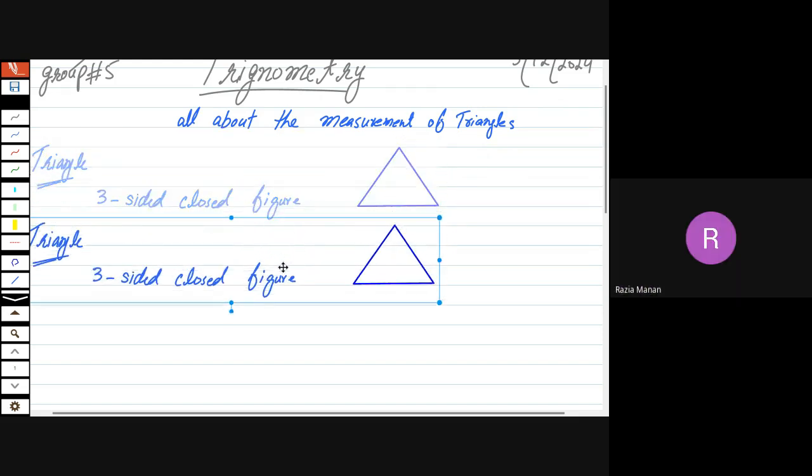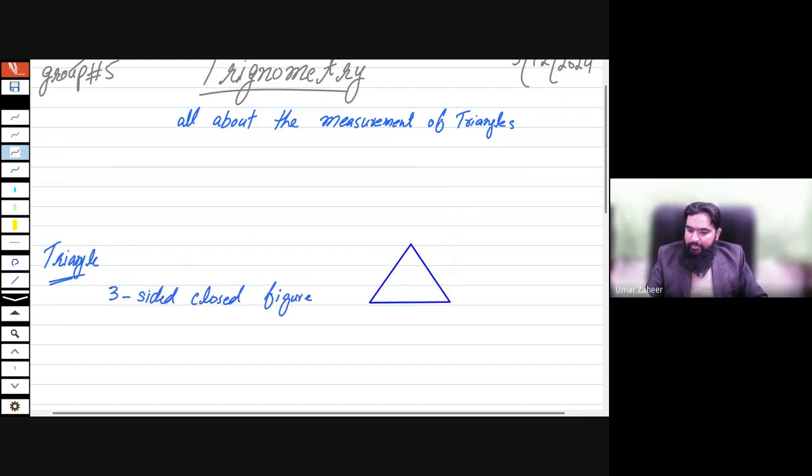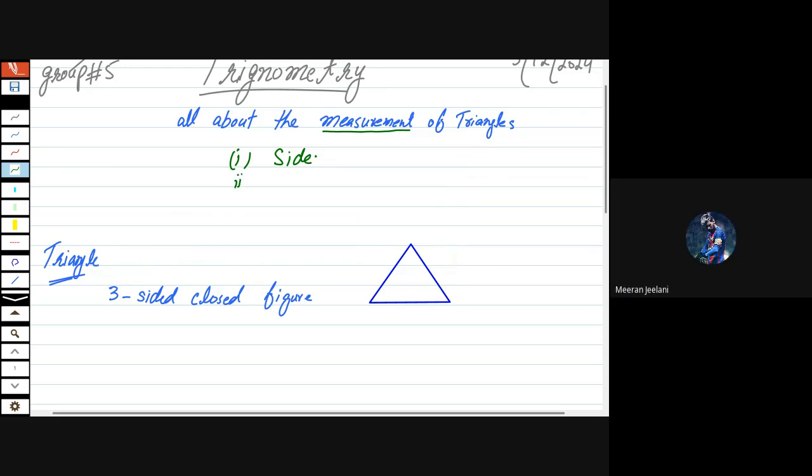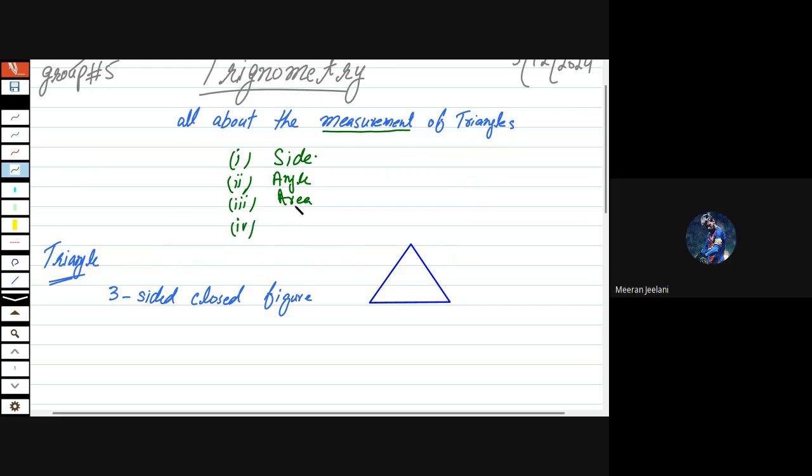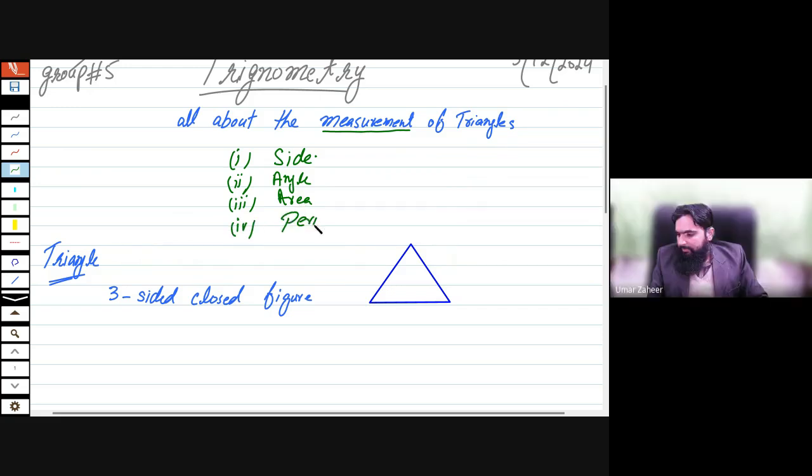Now, obviously, we have different types of triangle, but before we go for that, we said the measurement of a triangle. So, what are the things that we need to measure in a triangle? The first thing is the side of the triangle, the angle of a triangle, the area of the triangle, and the perimeter of the triangle.